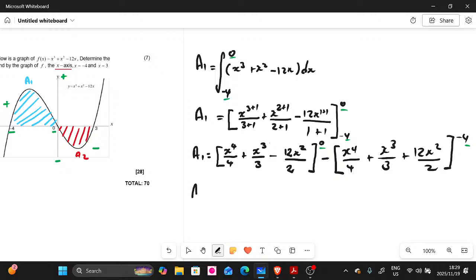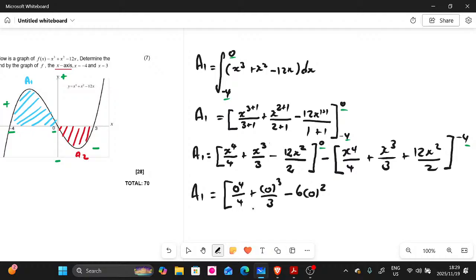So let's start with the first bracket there. Wherever there is x, we're going to substitute with 0. So we're going to have 0 to the power of 4 divided by 4, plus 0 to the power of 3 divided by 3, minus, if we say 12 divided by 2, that is going to give us 6, so 6 multiplied by 0 to the power of 2.